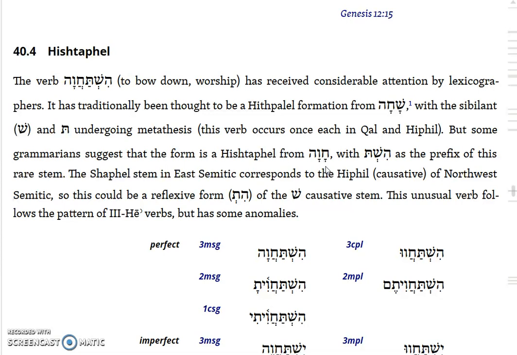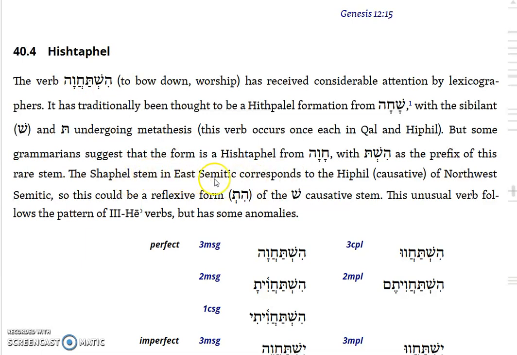But the shin and the infix tav have interacted, as we've seen before with the hithpalels, by having metathesis, so that the shin and the tav have exchanged places in the form. So originally the form would have been hitshava, but it ends up being hishtava with metathesis of the tav and the shin going on there.